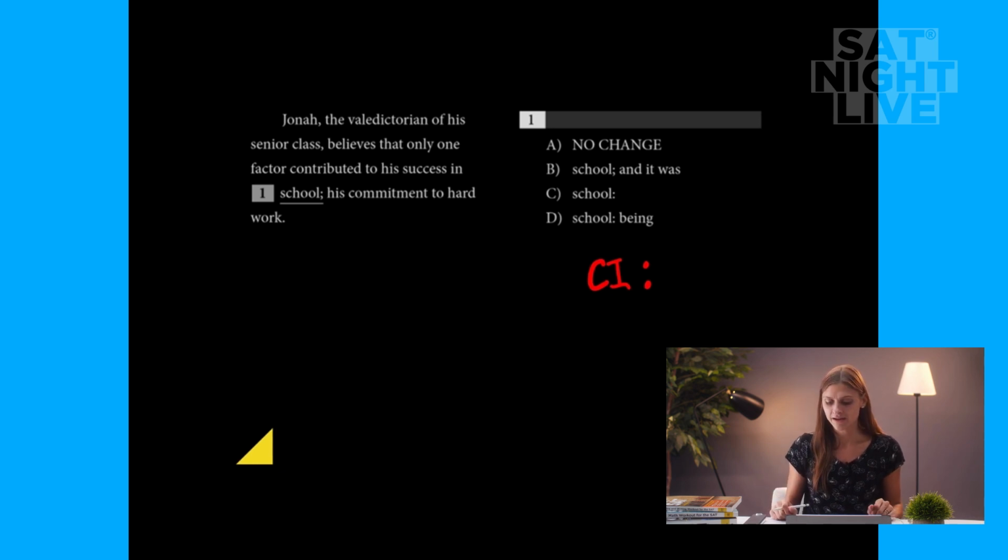So if I say the list is colon, milk, eggs, bread, that's not right, because the list is not a complete idea. So if I'm going to use that colon, that first part has to be complete. Remember that. Now what comes after it may be complete or it might be incomplete.